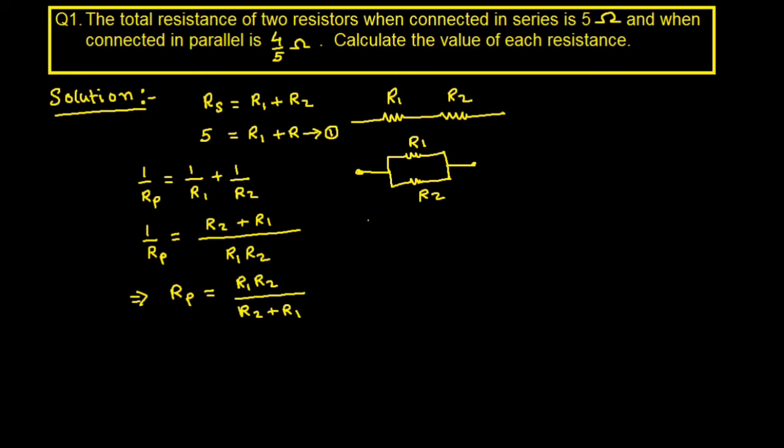So from here we can write 4 by 5 multiply R1 plus R2 equal R1 R2.